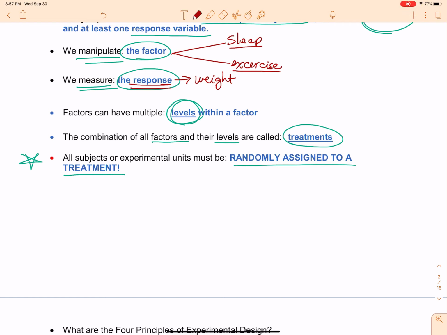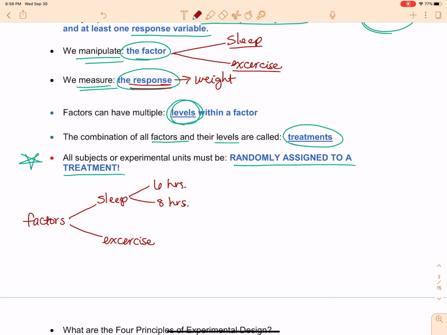I'm going to write this down here so that we have more room. My factors are sleep and exercise. Within sleep, I'm going to assign my volunteers randomly, of course, to either get 6 hours of sleep or 8 hours of sleep.